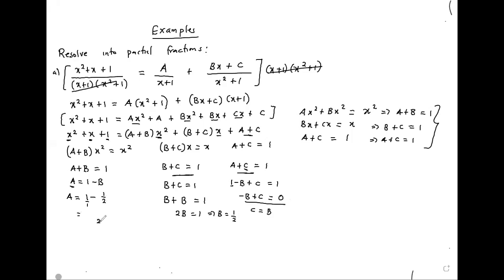Sir, hello? I followed properly, but when you came out from a is equal to 1 minus b, why didn't you use the one in between? There's no a here. Oh, okay.